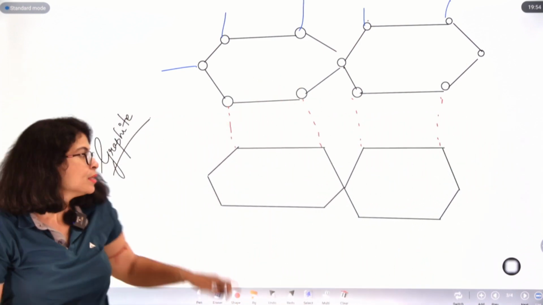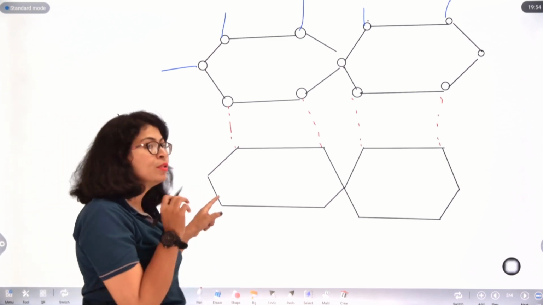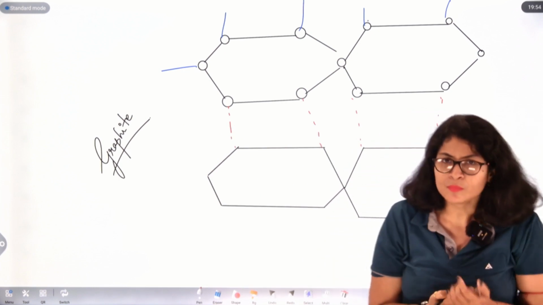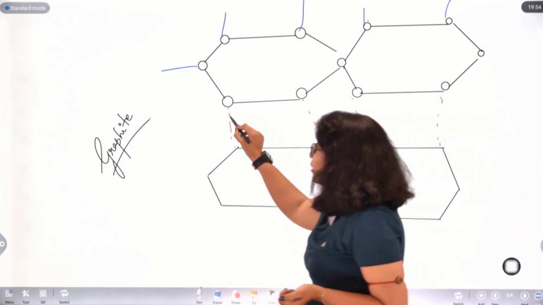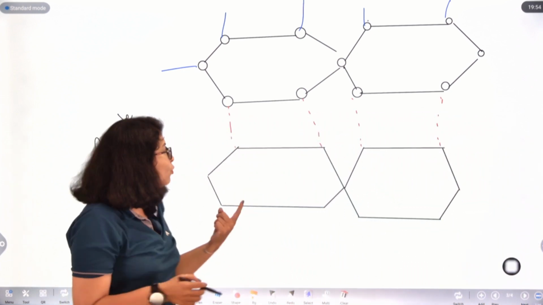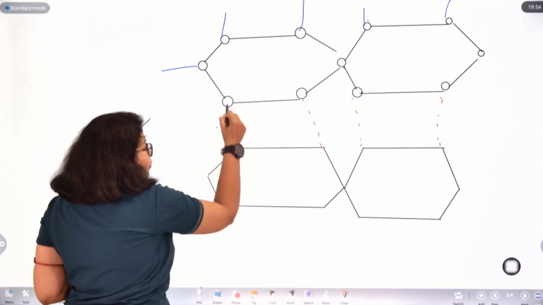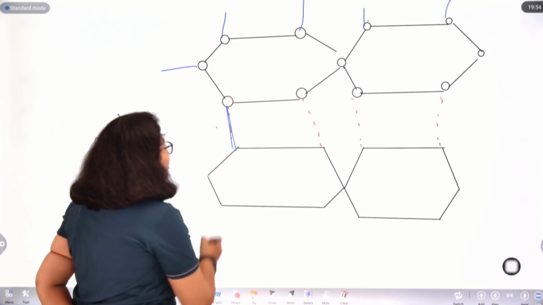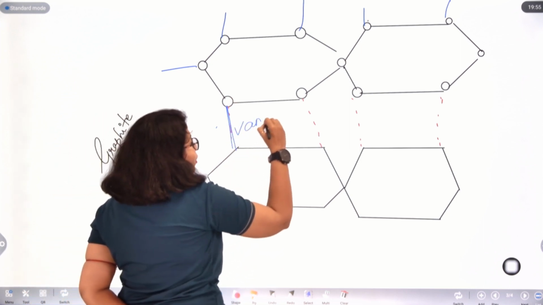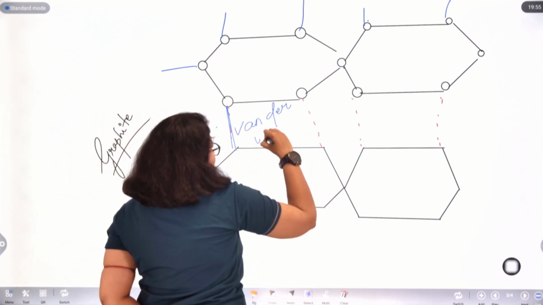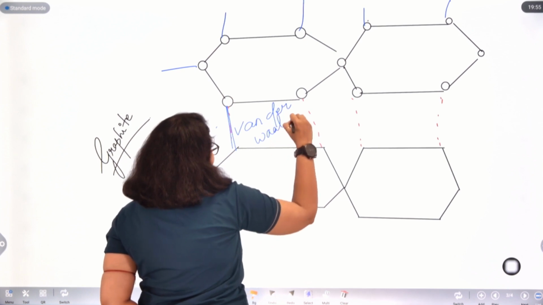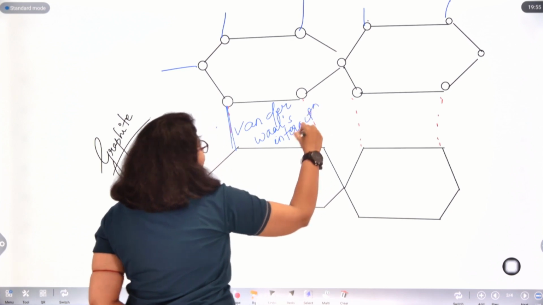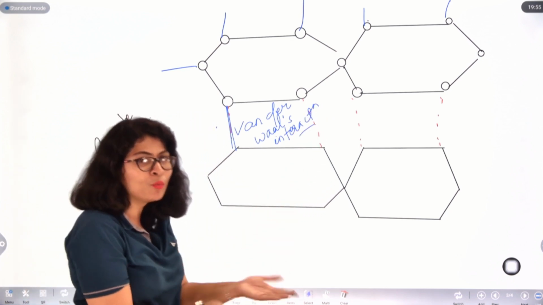So here each carbon atom is bonded to 3 other carbon atoms, and carbon has 4 electrons. The most important thing to notice is the bond formed between 2 different sheets, 2 different layers. This bond is basically van der Waals force, a very weak force of interaction between any 2 molecules.